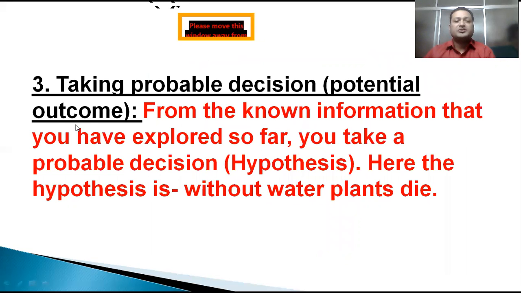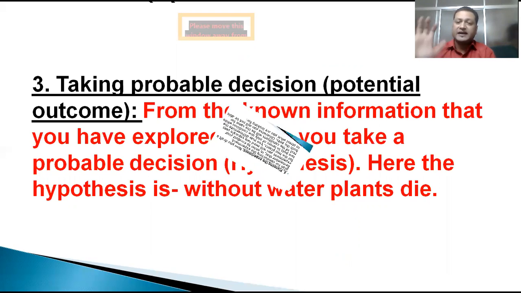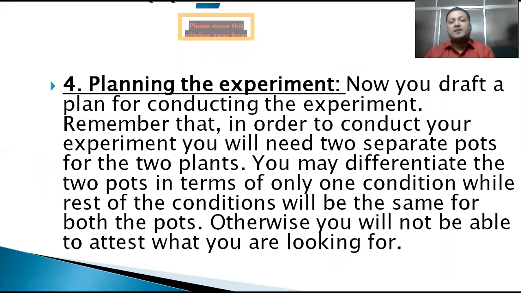So number three, taking a probable decision, potential outcome. From the known information that you have explored so far, you take a probable decision. That means it is called a hypothesis. You just try to guess what the answer will be. Here the hypothesis is: without water, plants die. I already told you. Number four, planning the experiment.